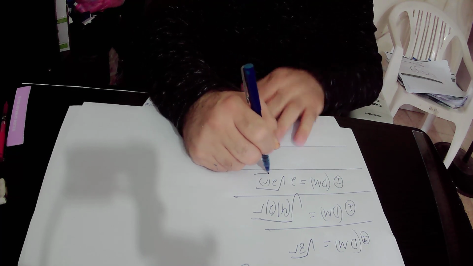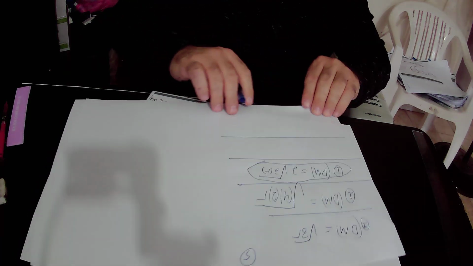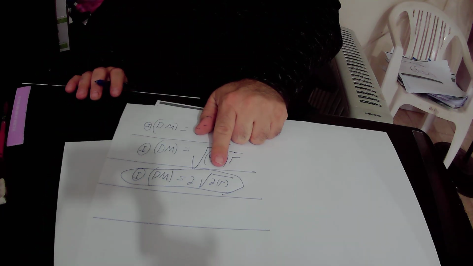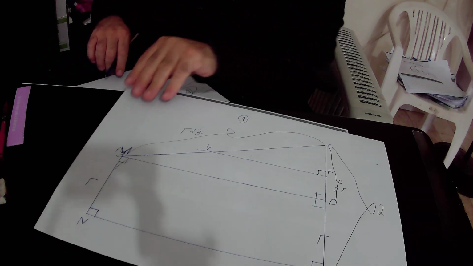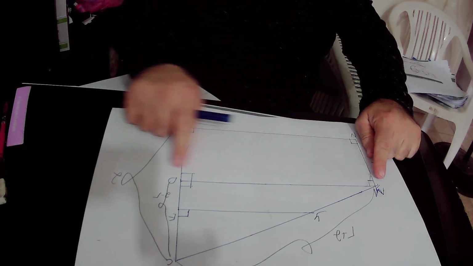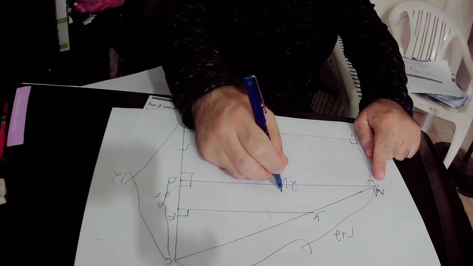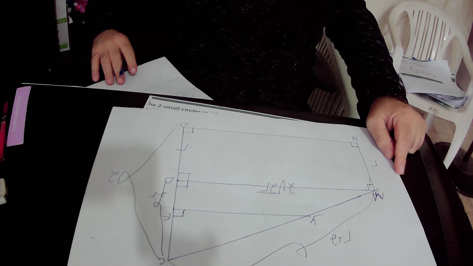So in total, we found out that DM equals 2 times the square root of 2R. So here we can write down that MD or DM is the same, equals 2 times the square root of 2R. Okay?